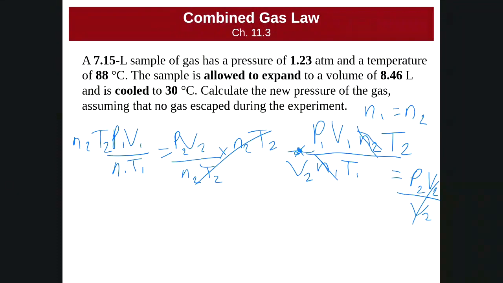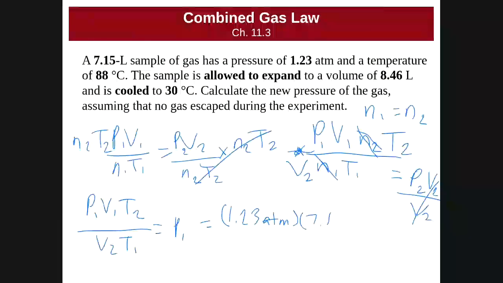So we have P1 V1 T2 over V2 T1 equal to our P2. So we plug everything in. So we have 1.23 atmospheres. We have 7.15 liters. And we have T2, which is our 30 degrees Celsius, which we need to be in Kelvin. So that is going to be 303. So 30 plus 273 is 303 Kelvin.